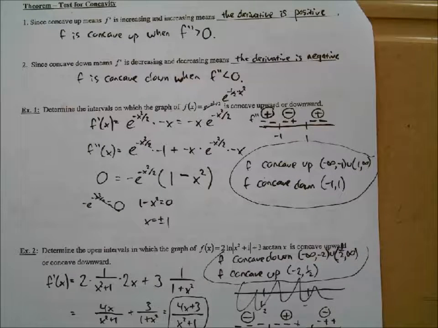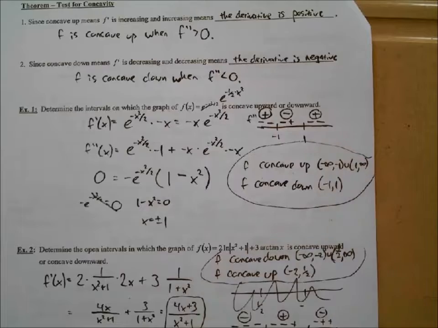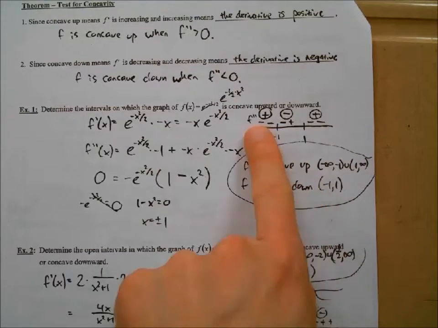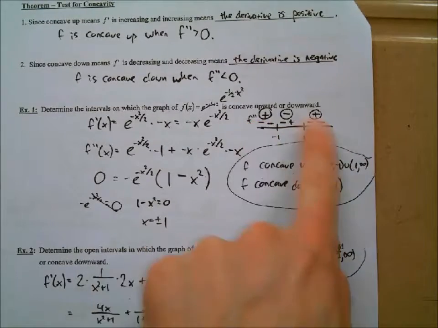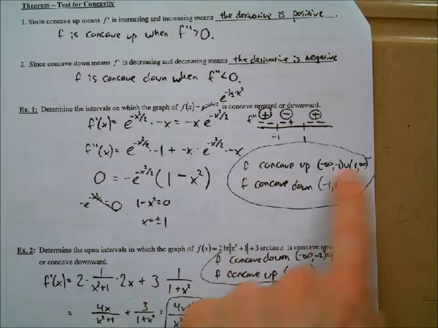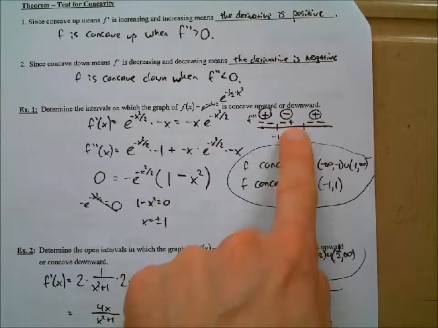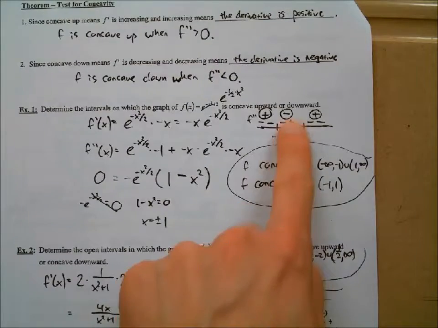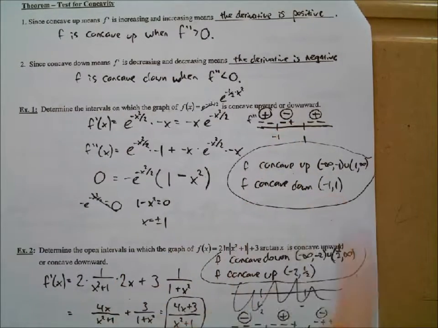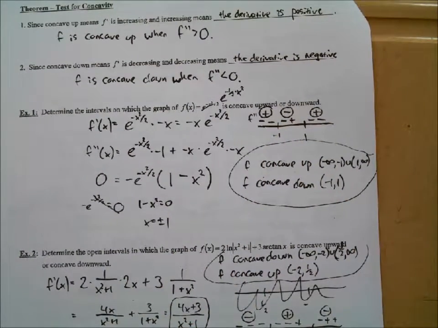We did our number line analysis to determine that, since the second derivative was positive on this interval and this interval, f would be concave up on those intervals. And since the second derivative was negative on this interval, the original function would be concave down on that same interval. So that's the gist of it right there.